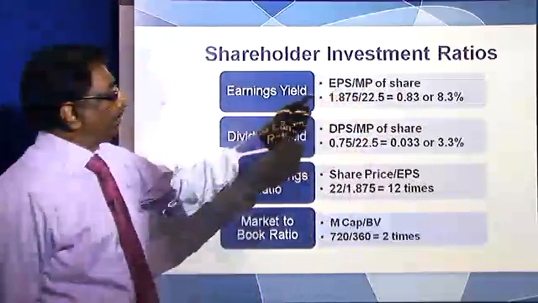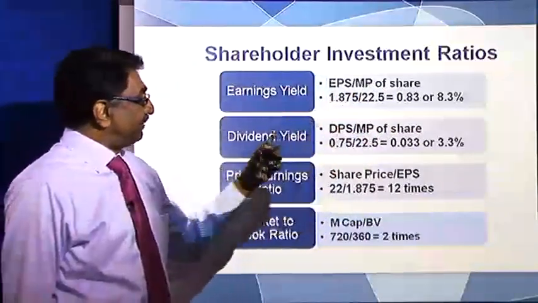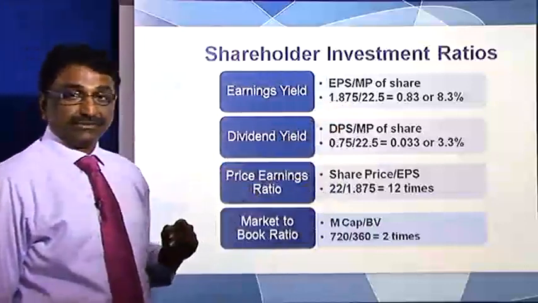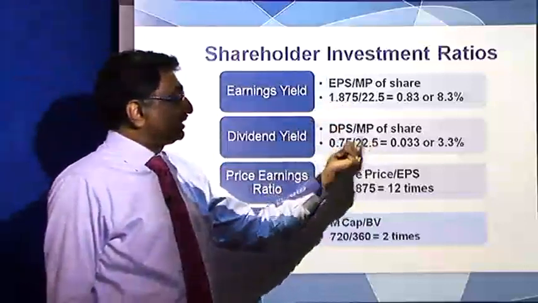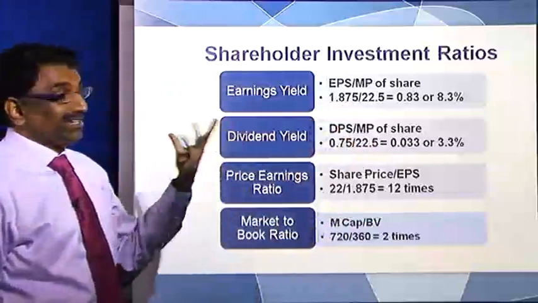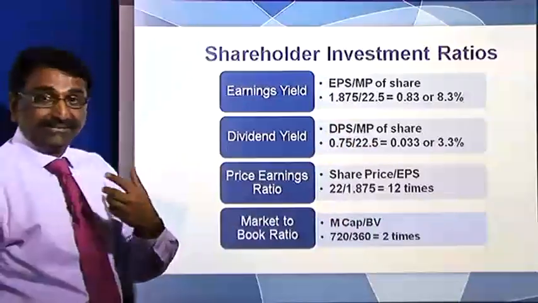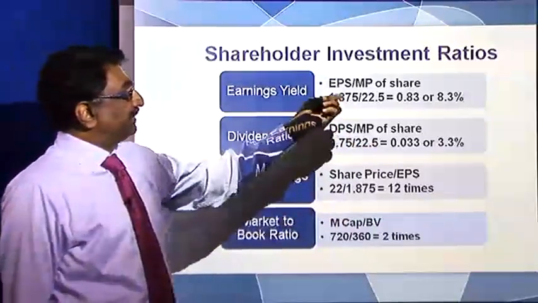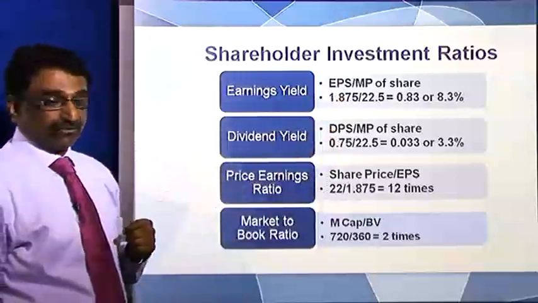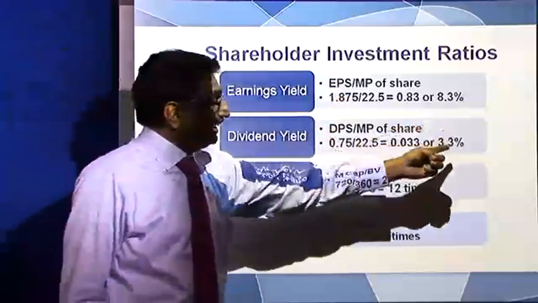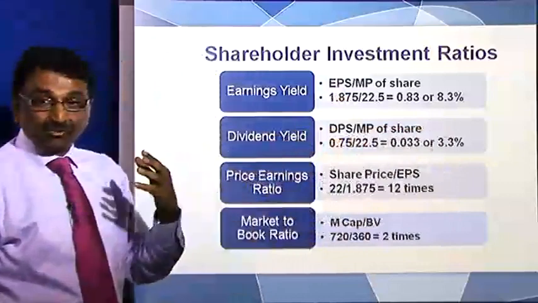Out of this 1.875, we saw 0.75 was paid out in cash. So, if I were to purchase this share at 22.5, what is the actual cash yield or dividend yield I will get? Out of the 1.875, 0.75 or 40% was paid out. So, my yield based on actual cash receipt is 3.3%.